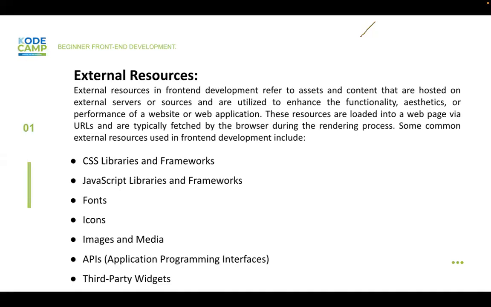But basically we use these external resources to enhance the functionality and the aesthetics, to beautify our website. Some of these resources help developers achieve with 5 lines of code what would otherwise take thousands of lines. Some of these libraries are actually making things easy.